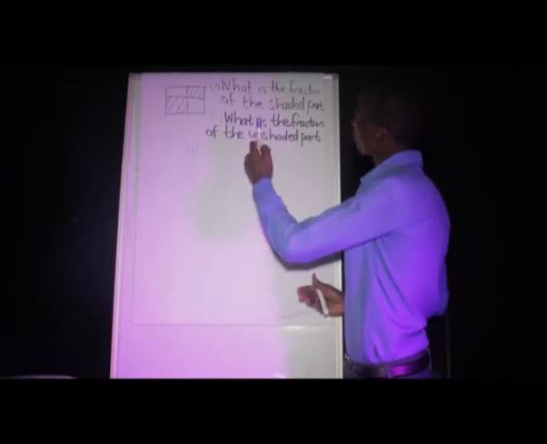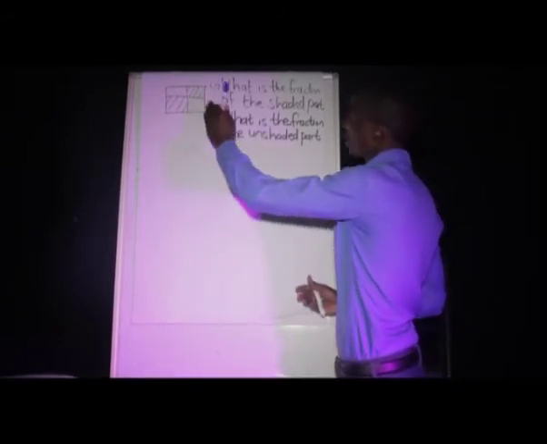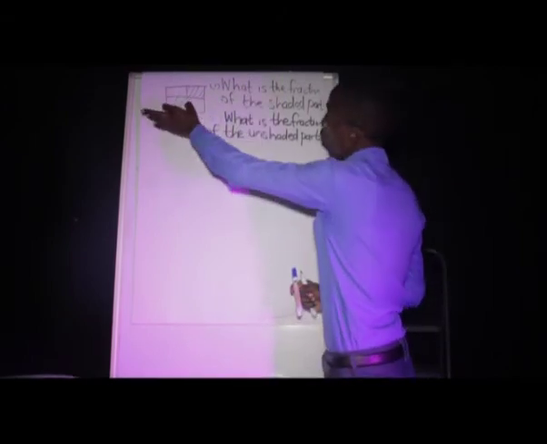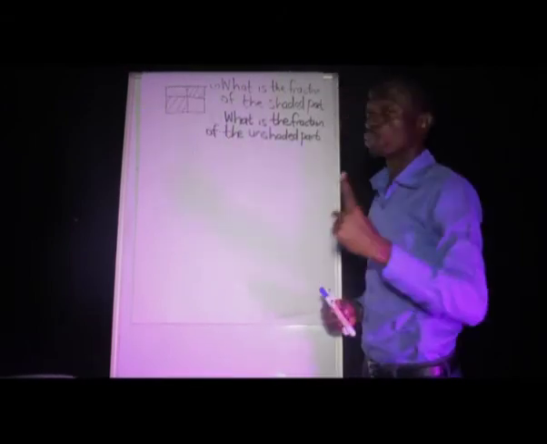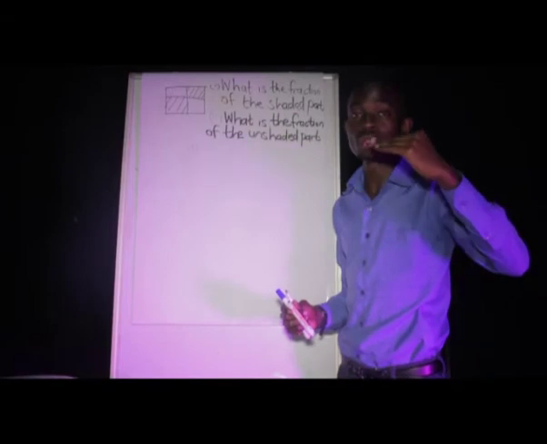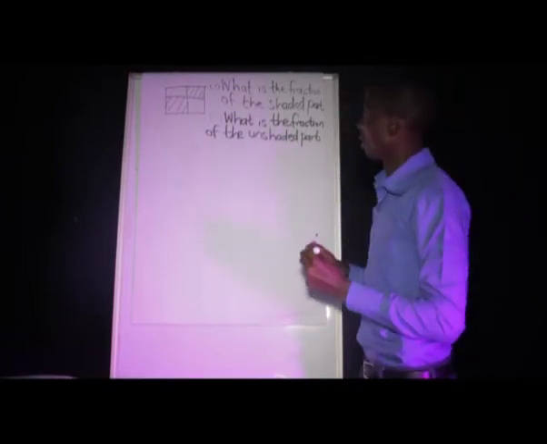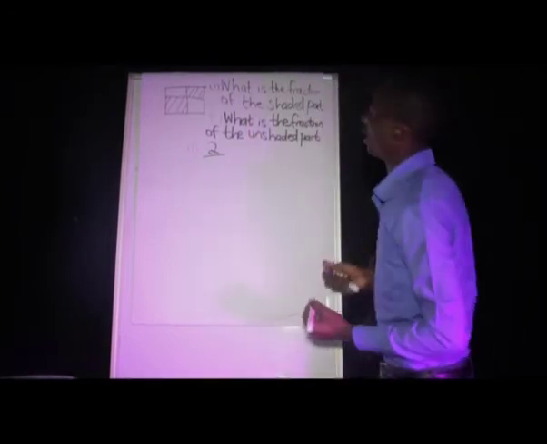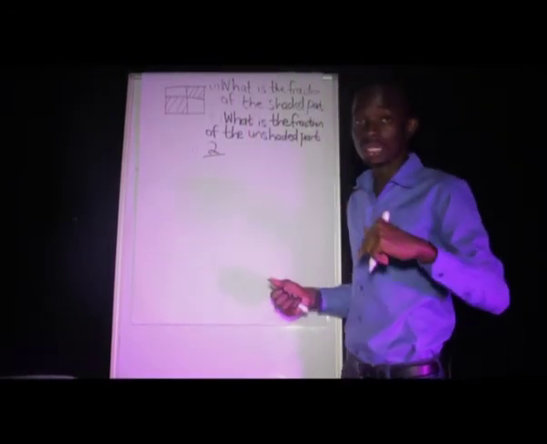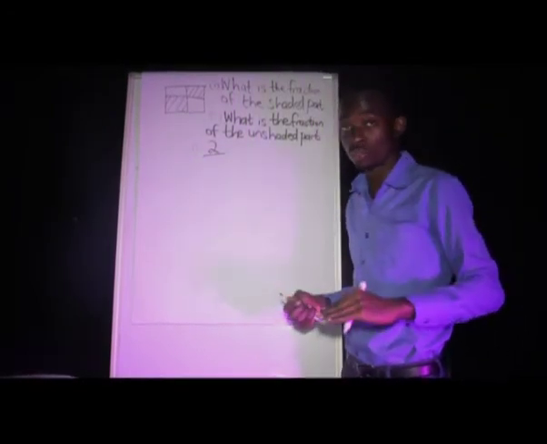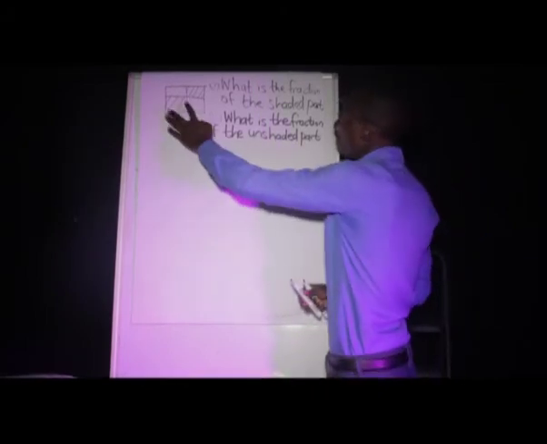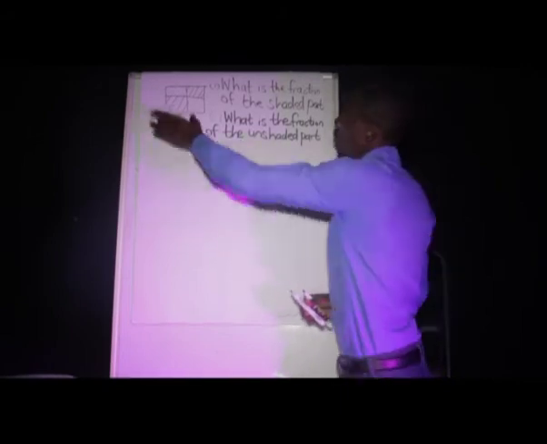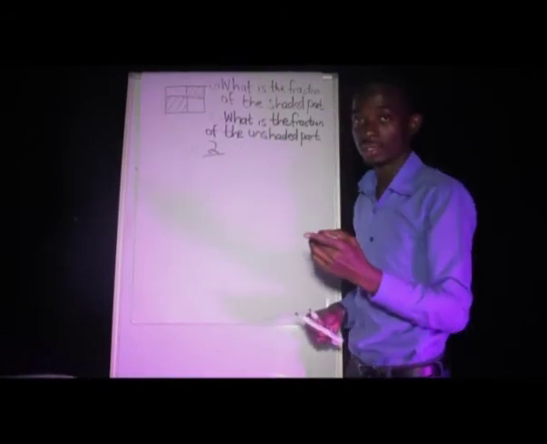Now, when we are looking for the fraction of the shaded part, you look at the number of squares which have been shaded, which is 1, 2. So the 2 becomes your numerator. Remember we said numerator is the number on top. So my fraction is going to be 2 out of, now I also look for the denominator. In other words, the number which is at the bottom. So the number at the bottom is the total number of pieces into which the whole of this thing has been divided.